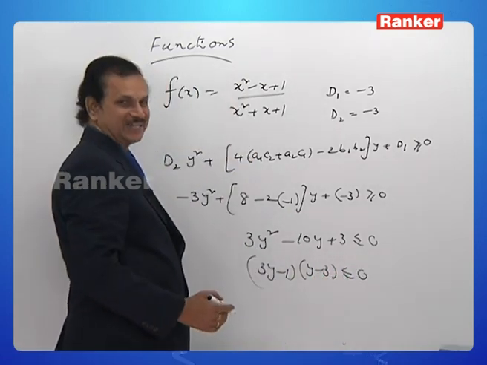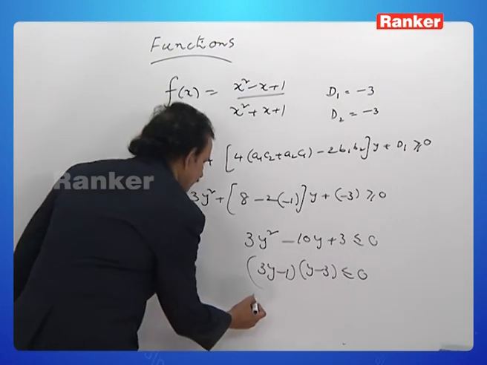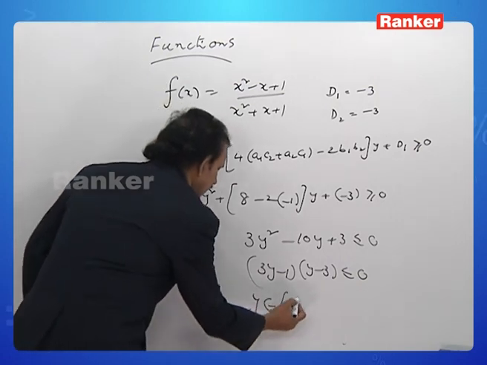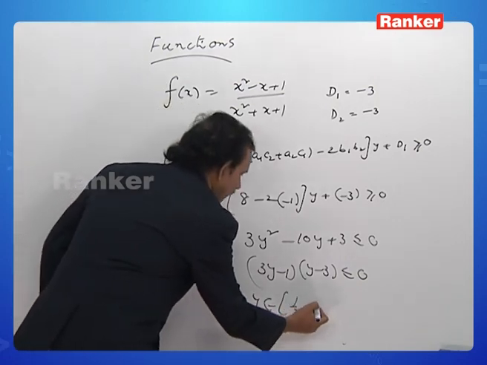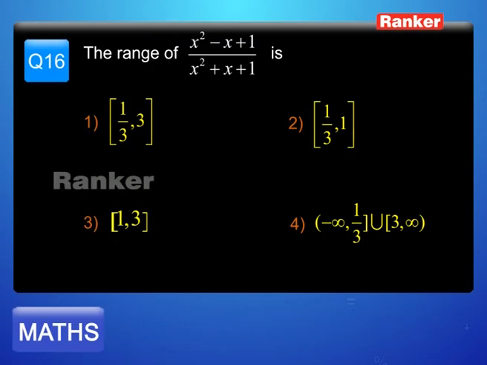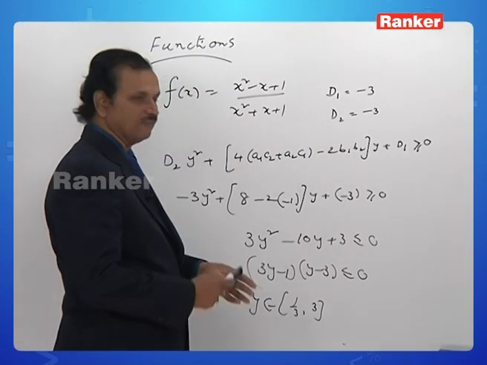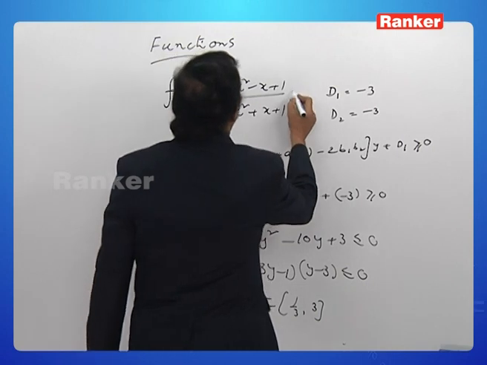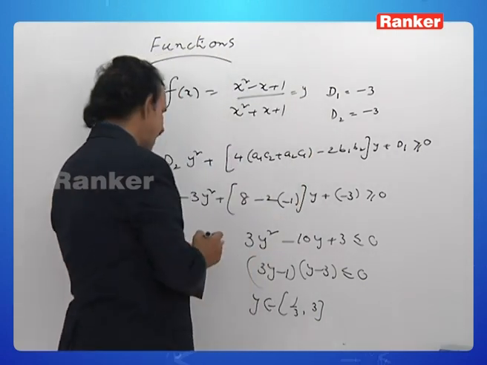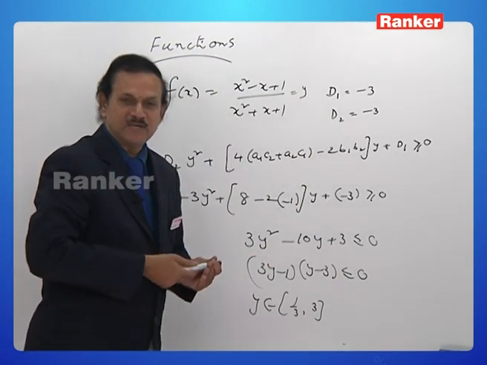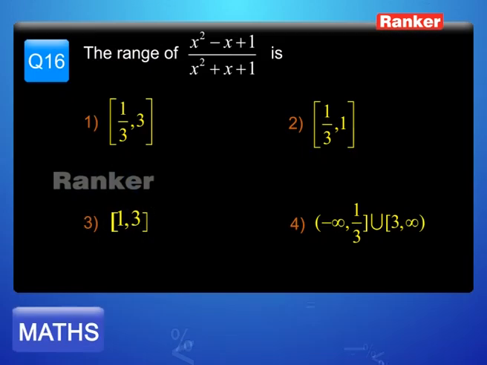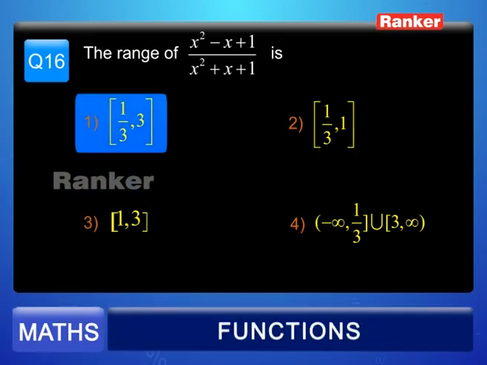We can easily trace that y lies between, come on, 1 by 3 to 3. Therefore, range of the expression is 1 by 3 to 3. We have named f of x equal to some y, so that y lies between 1 by 3 and 3. What is the right option? The first option is the right option, that is closed interval 1 by 3 to 3.